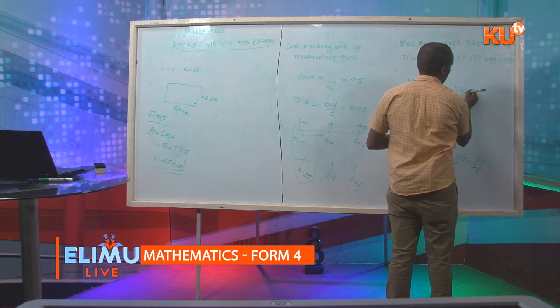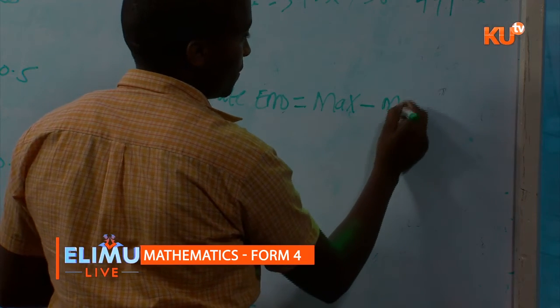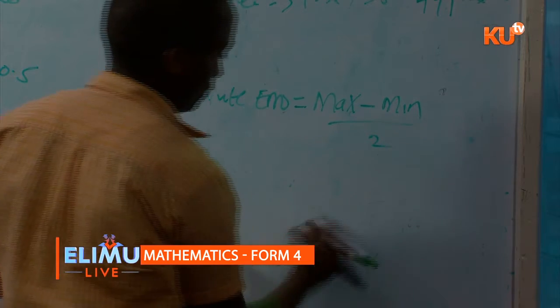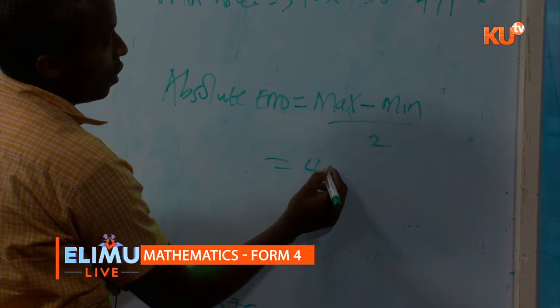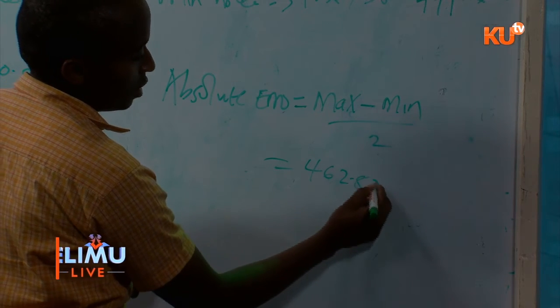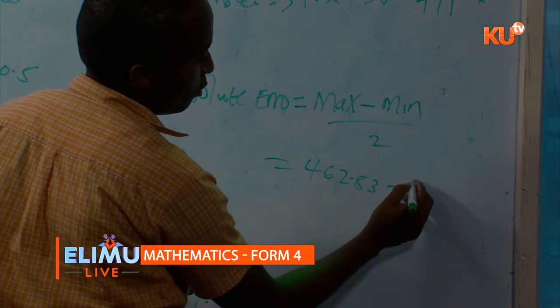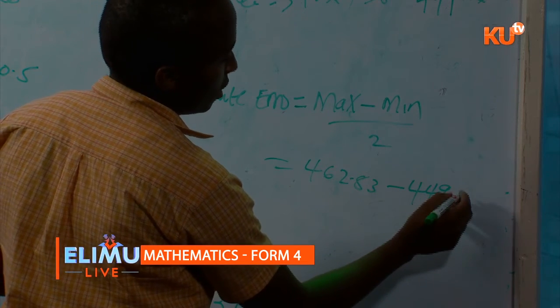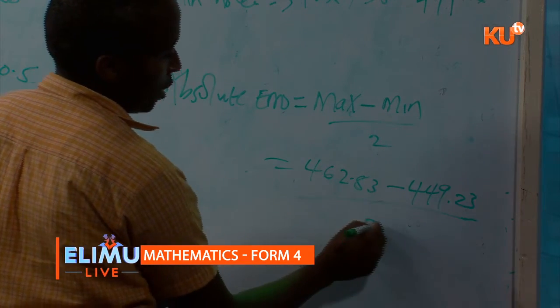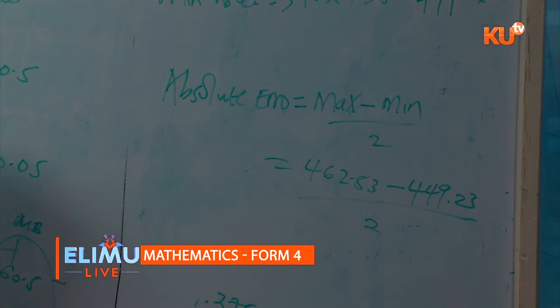Absolute error is given by maximum, I have said in multiplication, minus minimum divided by 2. So maximum area is 462.83 minus 449.23, divided by 2. So take your calculator, do the same.